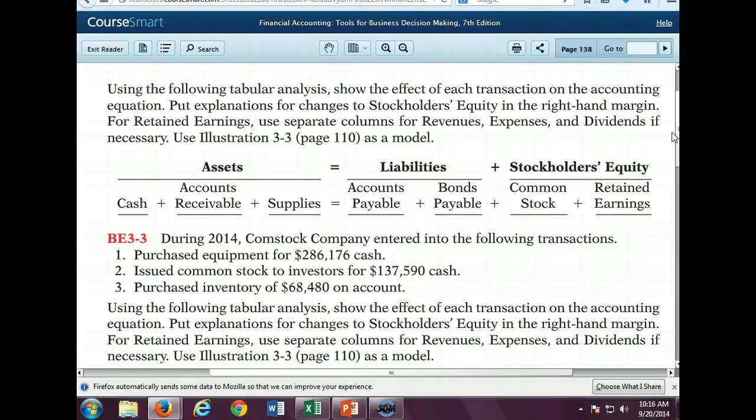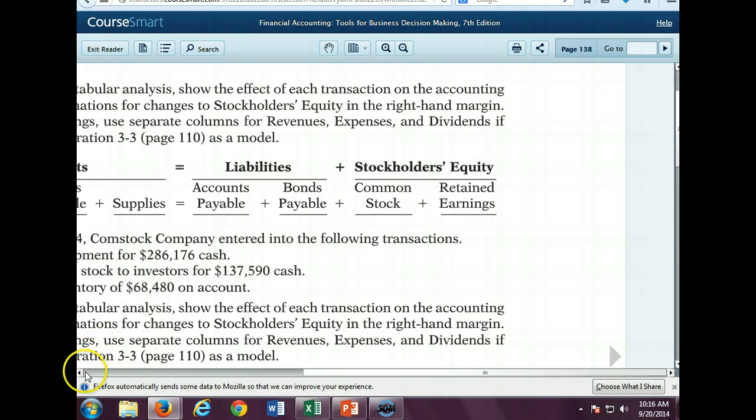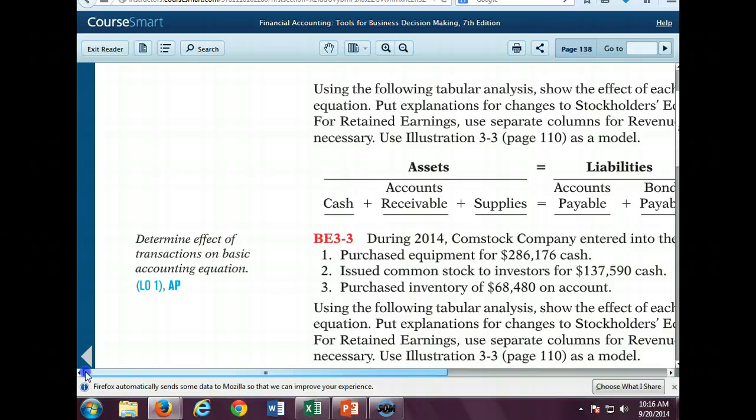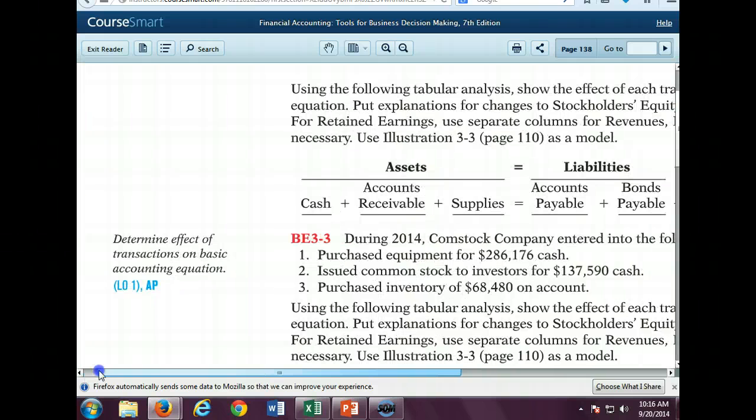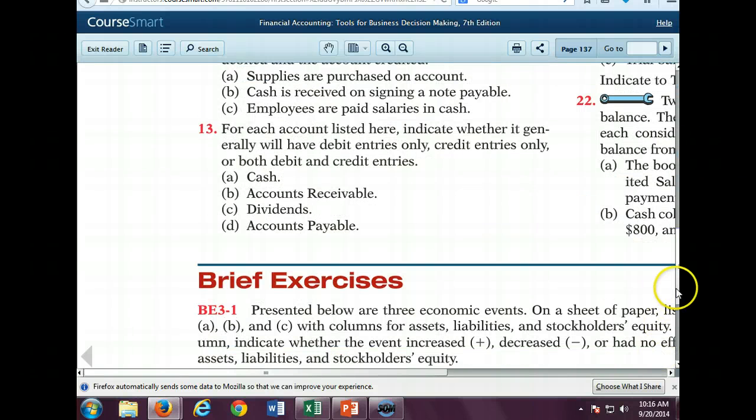I'm sorry, guys. If you want to do 3-2, the problem's just on the previous page. The questions are at the bottom of page 137, but we already did that one. We did 3-1.